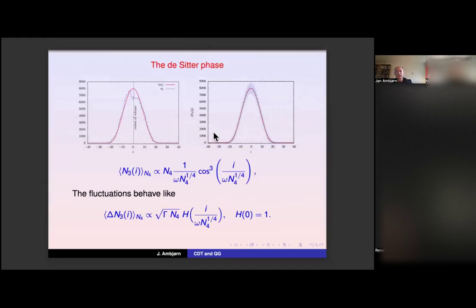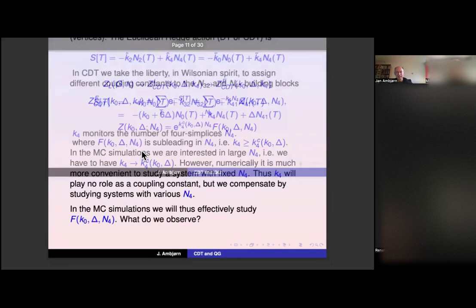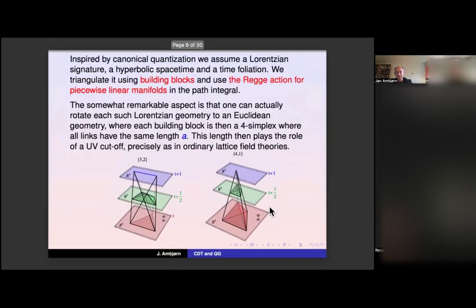So precisely what do we see? Well, up here, we have plotted N3. So let me go back and remind you of the setup: N3 at a certain time is the number of tetrahedra at this time slice, the spatial volume in the lattice.